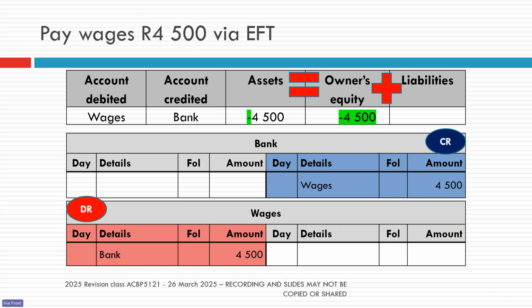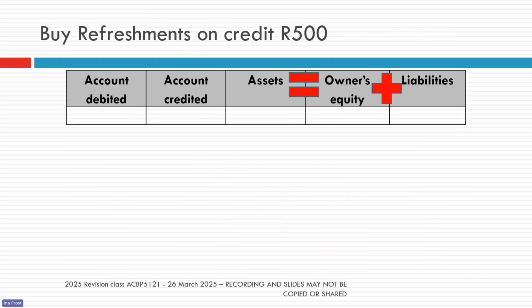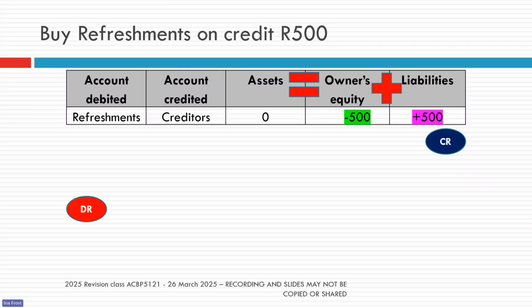So in this scenario, we looked at an expense paid in cash. So let's look at how the transaction will differ if we now have expenses, but we've bought it on credit. So for example, we bought some office refreshments, but instead of paying in cash right there on the spot, we've said, no, we will pay you at the end of the month or at the end of next month.